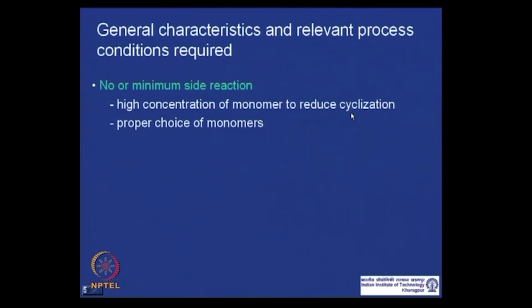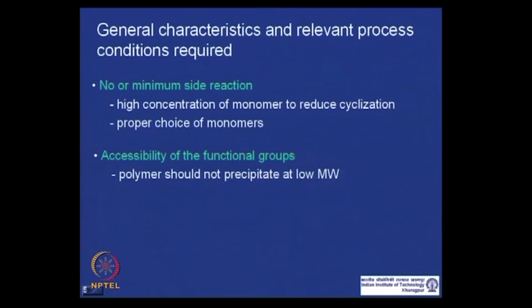We have seen earlier today that it is always preferred to have the monomer present in high concentration, so that we can reduce the cyclic formation. We also saw that it is important that the functional groups are present and available during the reaction.